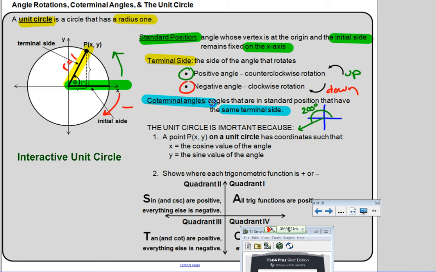I can start here, but this time go around this way, and then I could also land on that, and that would be negative 160. Not only can I do that, I could swing to 200, but then swing around one more time, another circle all the way around. So 560 would also land in that same spot. I could keep on circling around all day long.